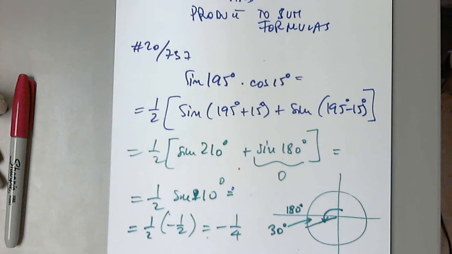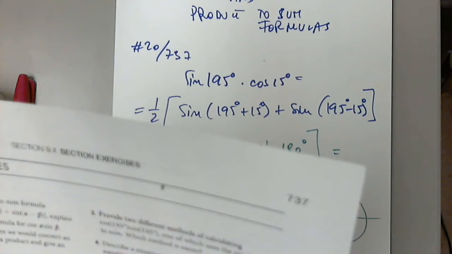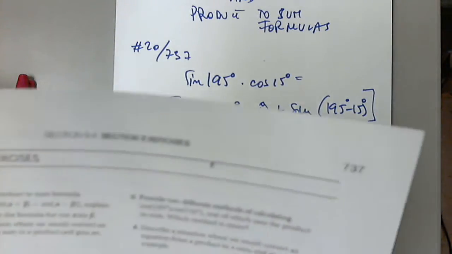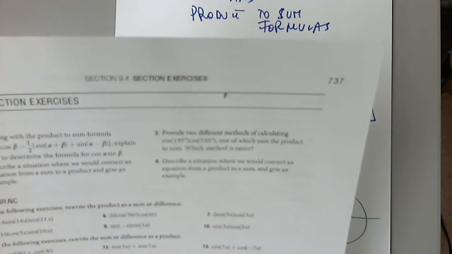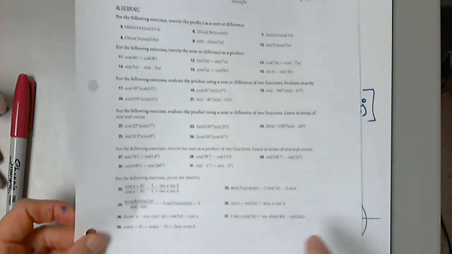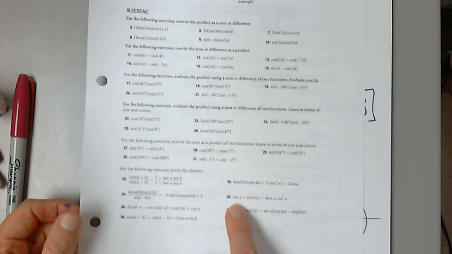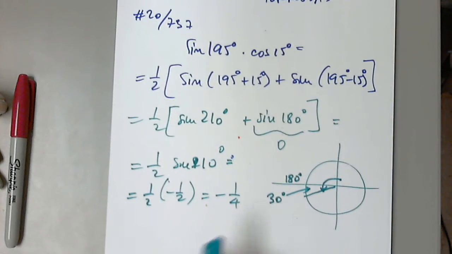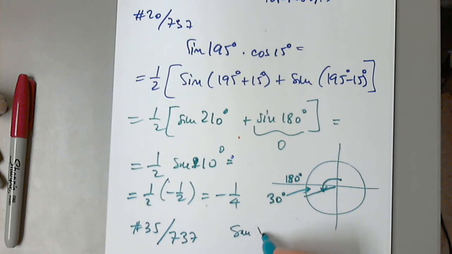Let's try the reverse. We still have a couple of minutes. Yes, I'd like to look at this problem, the identity 35. 35 on 737. And we have sine x plus sine 3x.